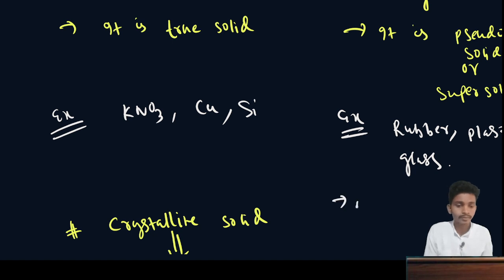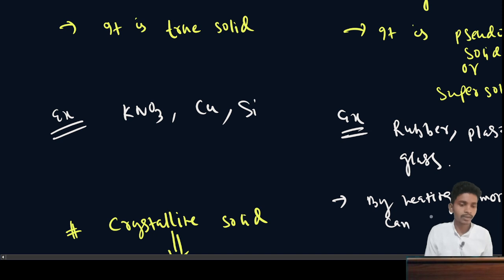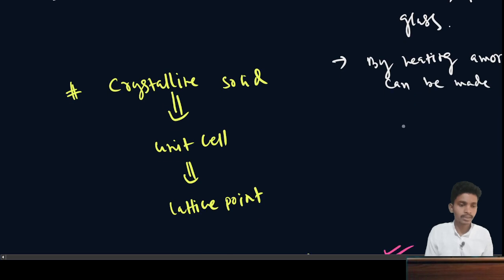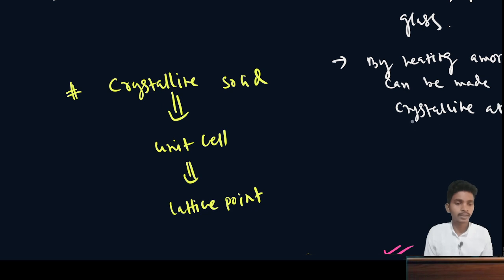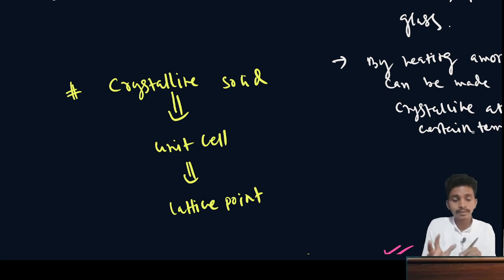It means that by heating, amorphous solids can be made crystalline solids at a certain temperature. At a particular temperature, the amorphous solid will convert into a crystalline solid.